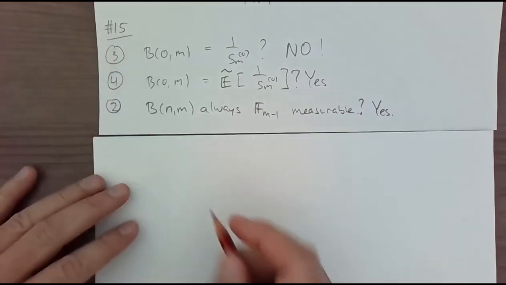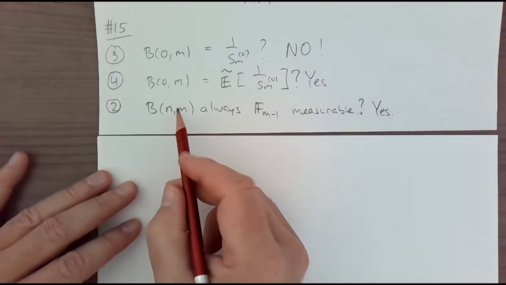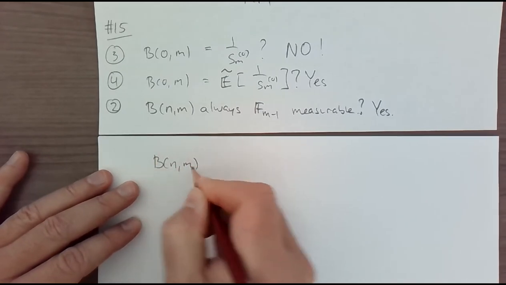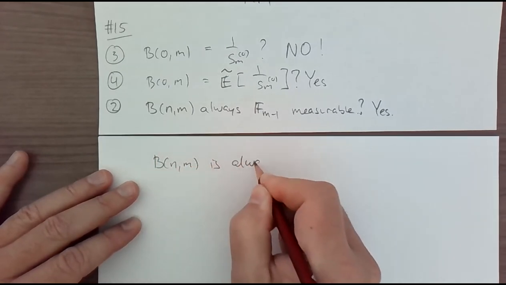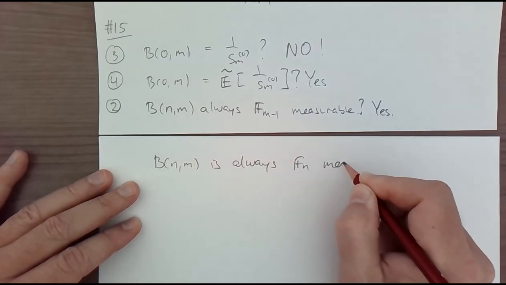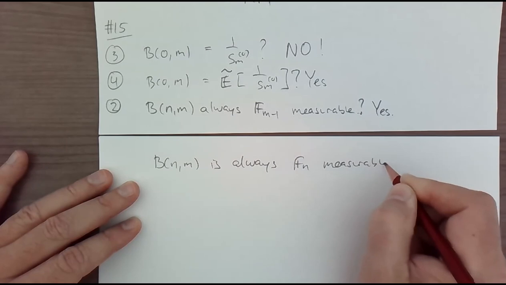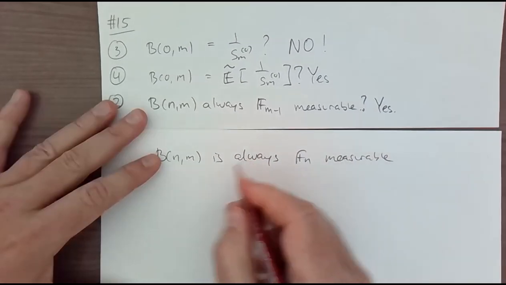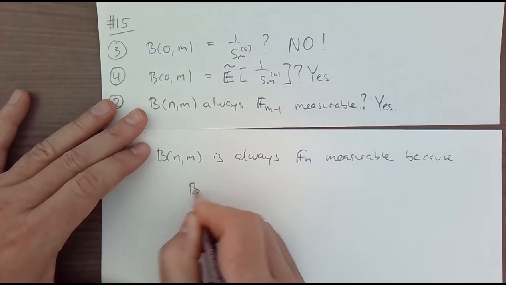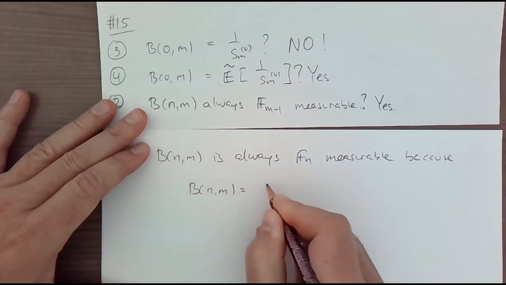BNM is always Fn measurable, right? Because BNM is this conditional expectation.